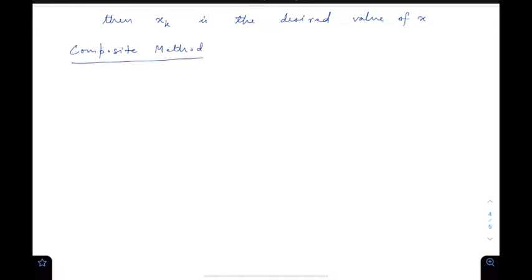So it may be advantageous to decompose the desired PDF into a sum of PDFs which are easier to generate. So f(x) is the sum over f_k(x).